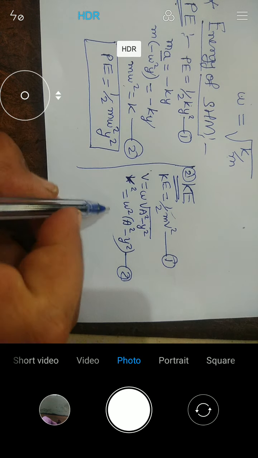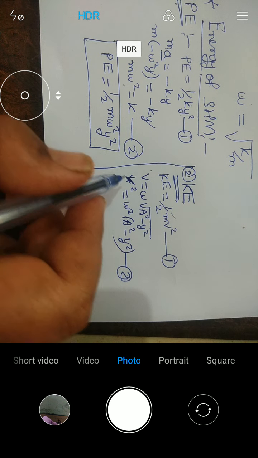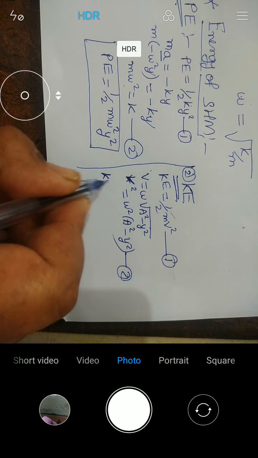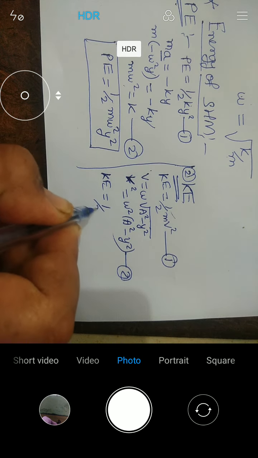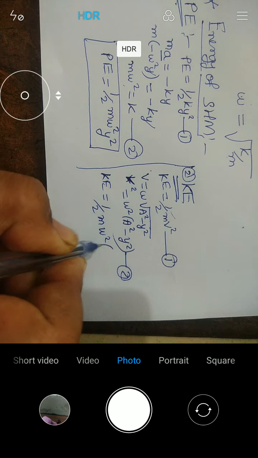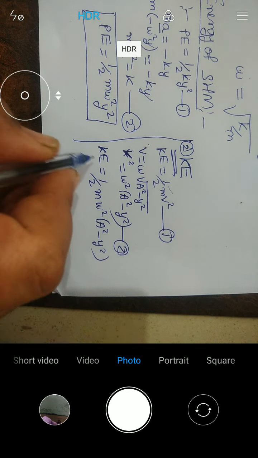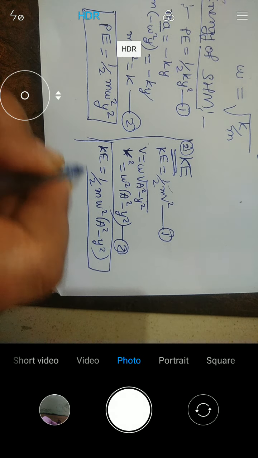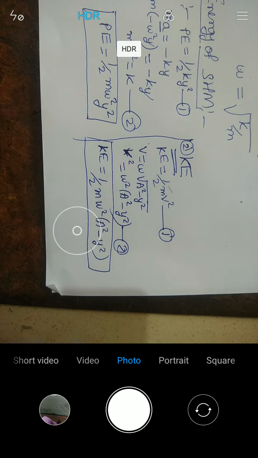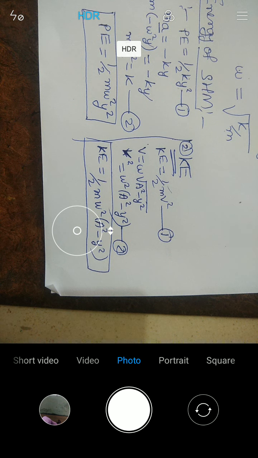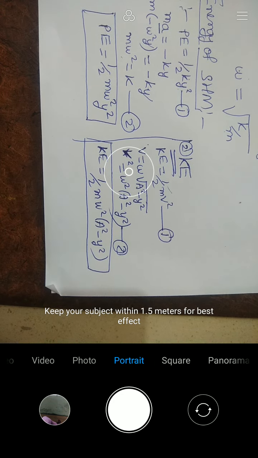From equations 2 and 1, you may write kinetic energy is equal to 1 by 2 m omega square, a square minus y square. This is the expression for kinetic energy of a particle executing SHM, where omega is the angular frequency, a is the amplitude, and y is the displacement of the particle.